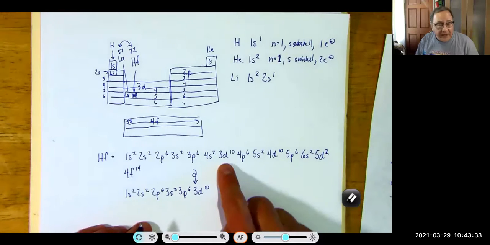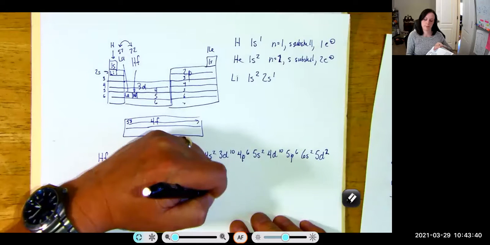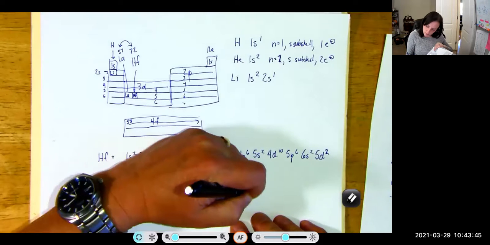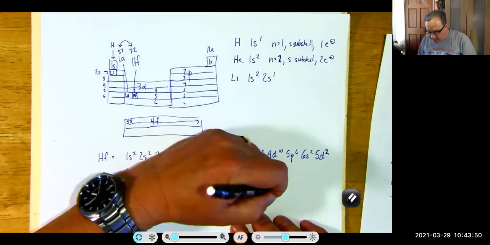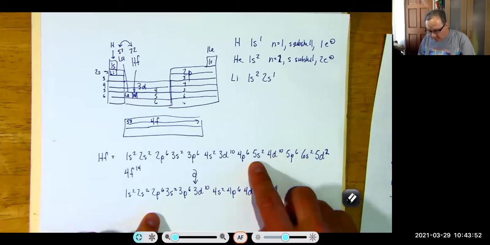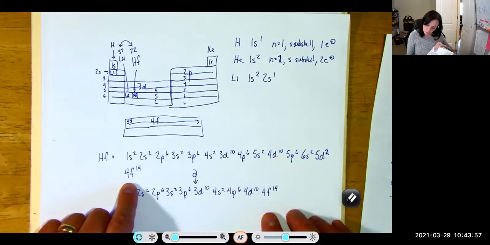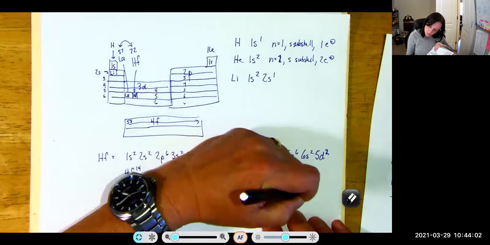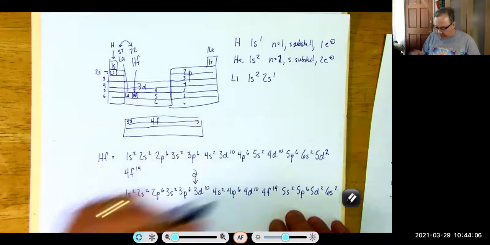I put 3 before 4 because electrons in the third shell are more stable than those in the fourth shell. So here, not only do we have to put the 4d in front of the 5s, we have to put the 4f in front of the 5s. So this is what it would look like.